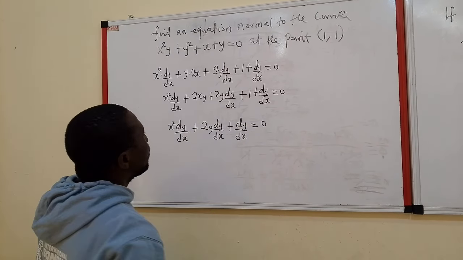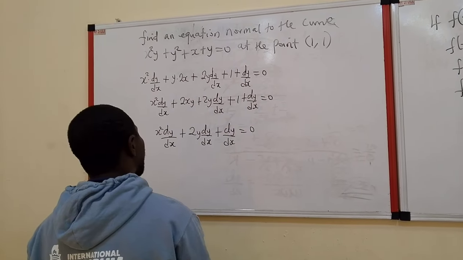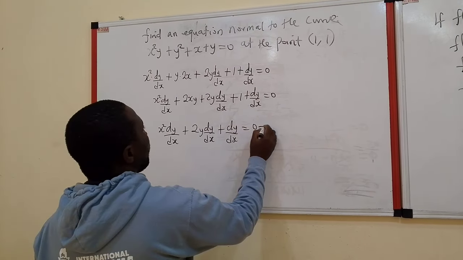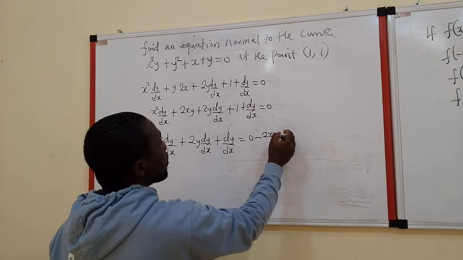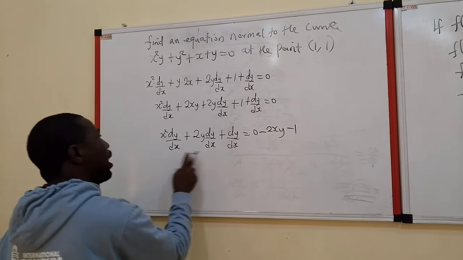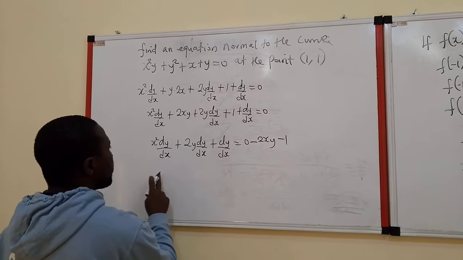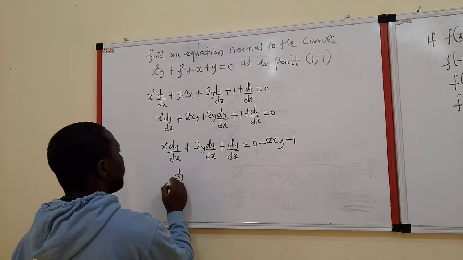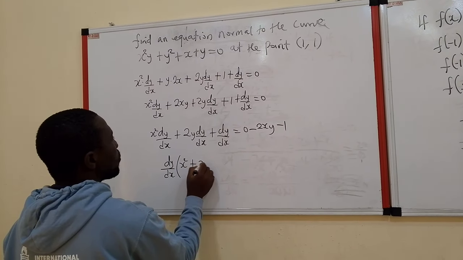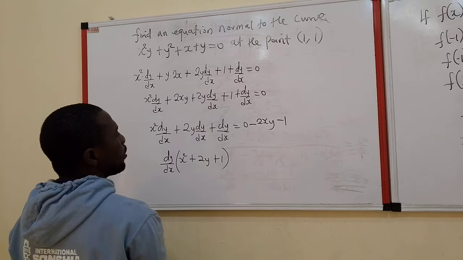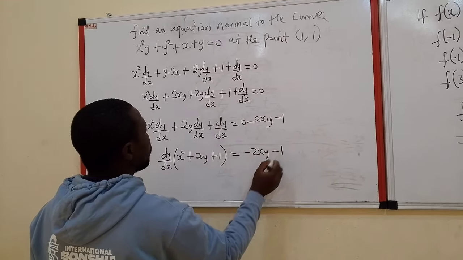Take all the ones that are not like terms to the right hand side. When 2xy moves, it becomes minus 2xy. When 1 moves, it becomes minus 1. So I now factor out dy over dx: dy over dx times (x squared plus 2y plus 1) equals minus 2xy minus 1.